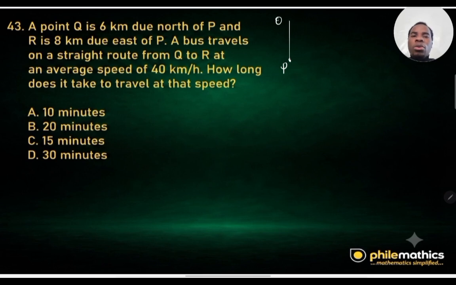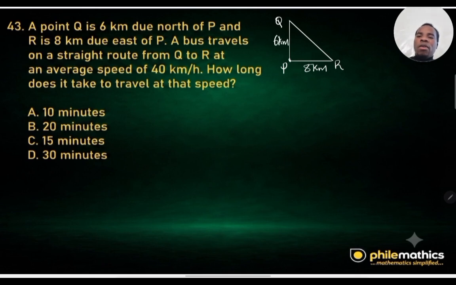So this is Q. And R is 8 kilometers due east of P. East of P is just at the right. This is R. And we are told that the bus travels from Q to R. So we just connect this together. This is 8 kilometers. This is 6 kilometers.